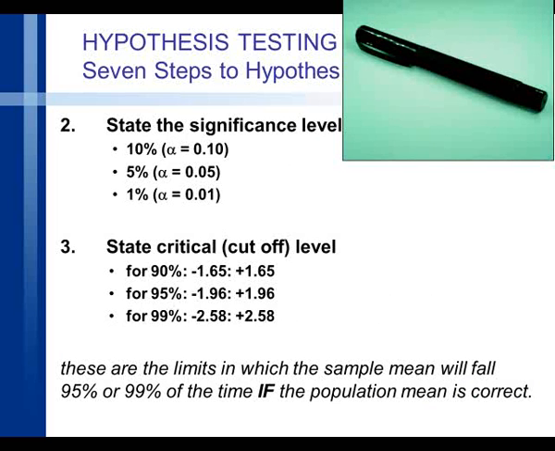If it is 10%, then the cutoff values will be minus 1.65 and plus 1.65. For 5%, plus or minus 1.96, and for 1%, minus 2.58 to plus 2.58. Okay?